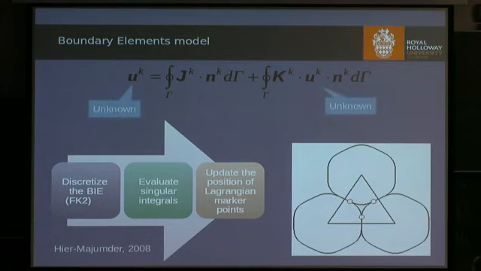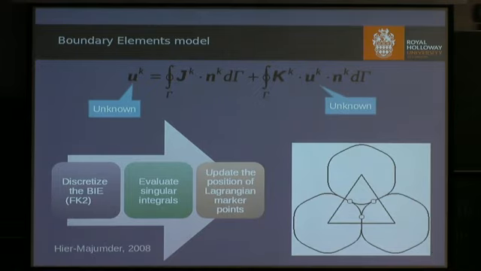We don't need to spend a whole lot of time here, but all I wanted to show is that you have the velocity at the boundary of the kth particle, but you also have the unknown velocity inside one of these integrals. Okay, so this is called the Fredholm integral equation of the second kind. So that's one of the challenges to solve this numerically.